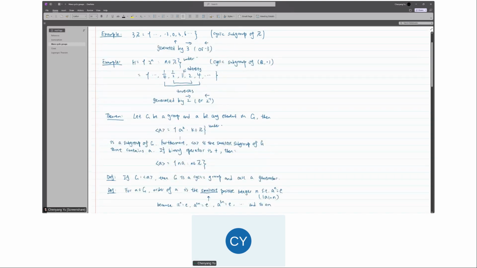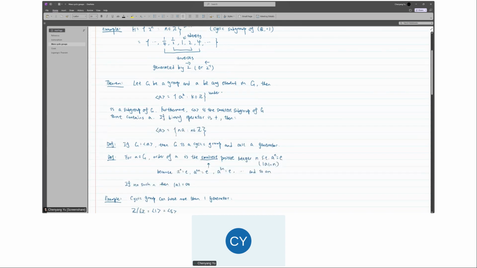Next is, what is this? I think this theorem says how do we construct a cyclic subgroup?